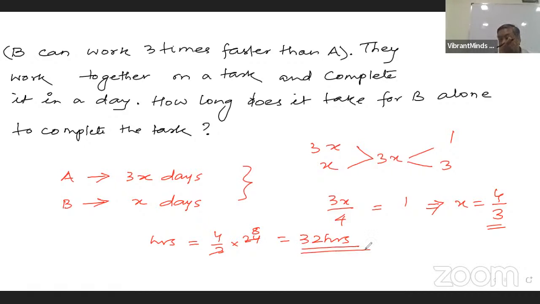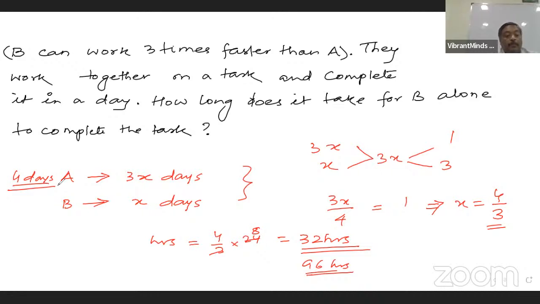Did you get my point? And A will take how much? 3 times of 32, A is going to take 96 hours. Or simply put, in days, 4 by 3 into 3x, if the value of x is 4 by 3, then 3x is 3 cancel that. A will take how many days? 4 days. Is it clear, everyone?